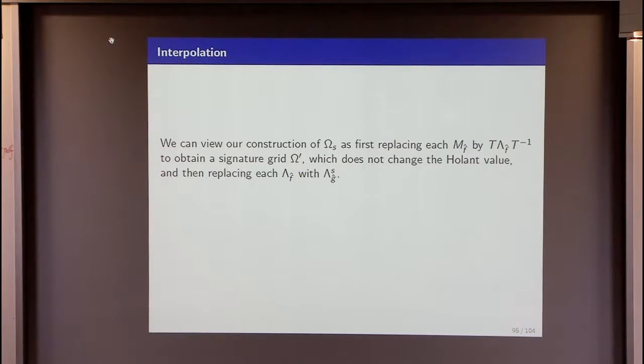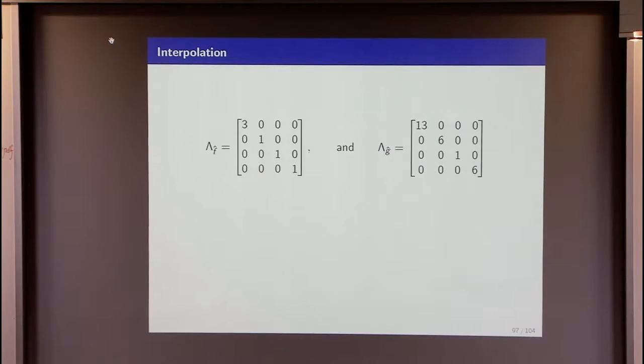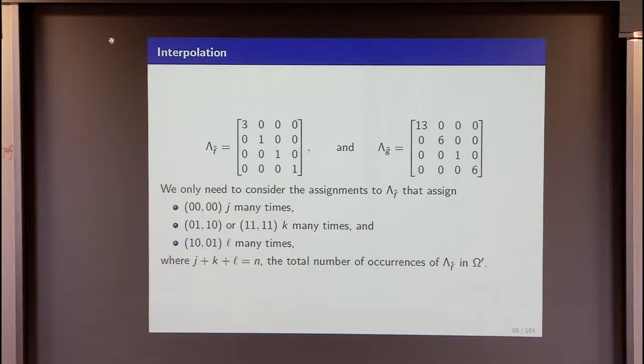But in this case, we can do a direct arithmetic, and you sum the value you want, stratified according to how many times this occurs, how many times these two types occur, and how many times this occurs.